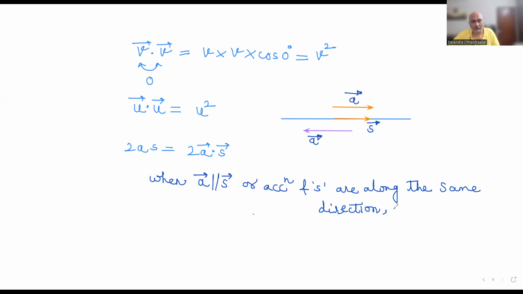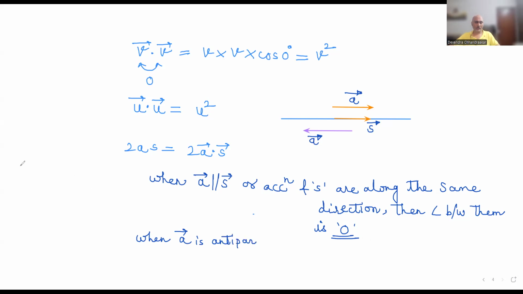ठीक है? Then the angle between them is equal to 0. Yes or no? Yes. When A is anti-parallel to S, or write it as vector A is opposite to S vector, ठीक है?